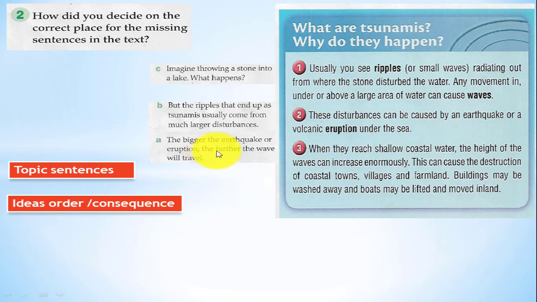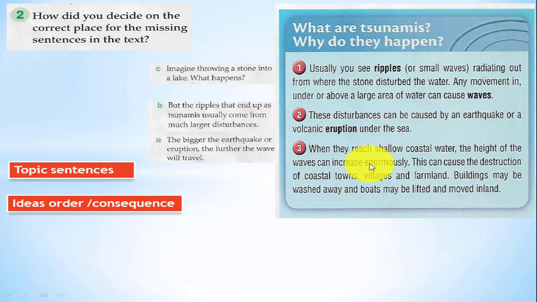In this sentence, this is the first step, where we talk about the effect of waves. Look, this is the first one, and here is the second one. When they reach the shallow coastal water, this is the second step. What will happen? The height of the waves can increase enormously.